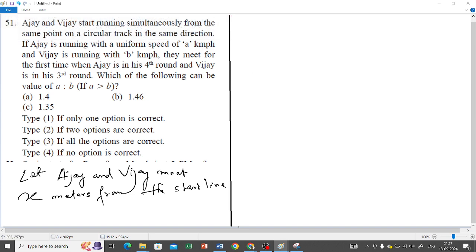Now Ajay's speed is A km per hour and Vijay's speed is B km per hour. And they have met for the first time when Ajay is in his fourth round. So what is the distance? Let the length of the circular track be L meters.